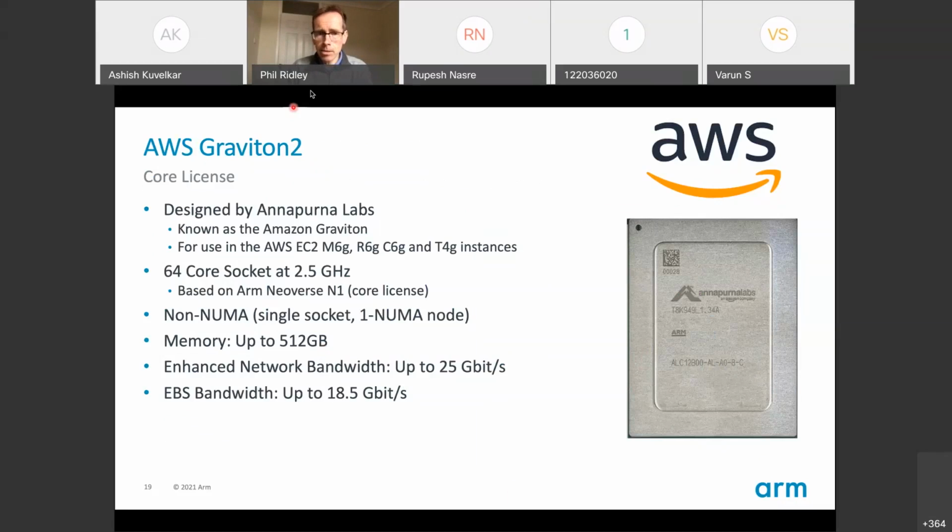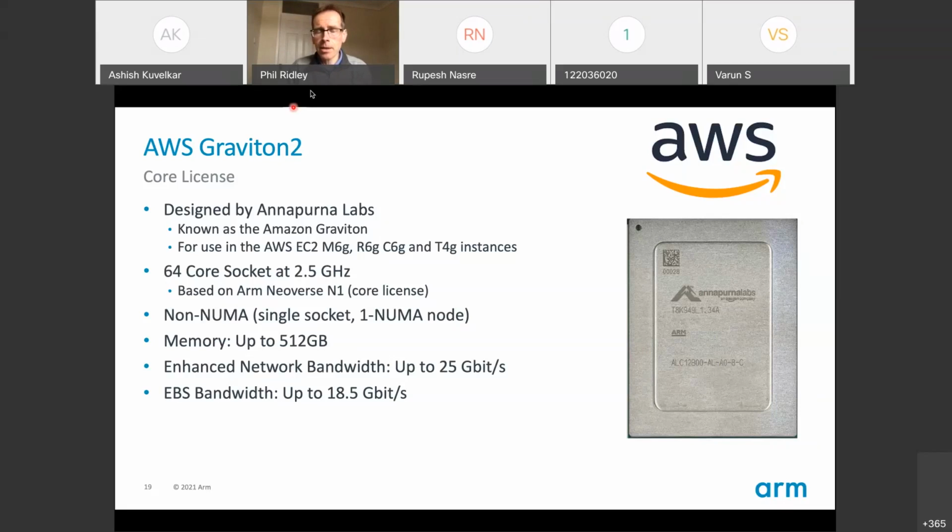It's a single socket processor. You can use these by signing up to an Amazon AWS account, and then you can choose a Graviton 2 EC2 instance as either an M6G, etc., depending on what core configuration you want.